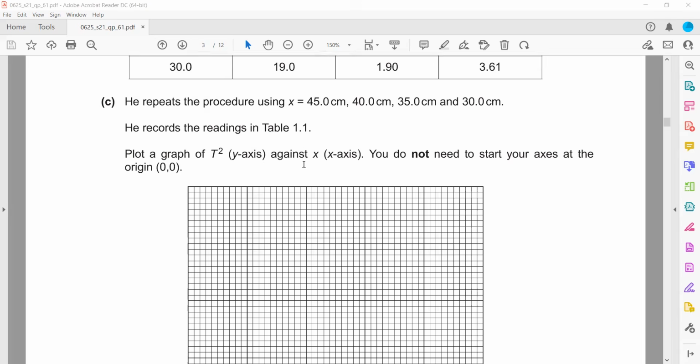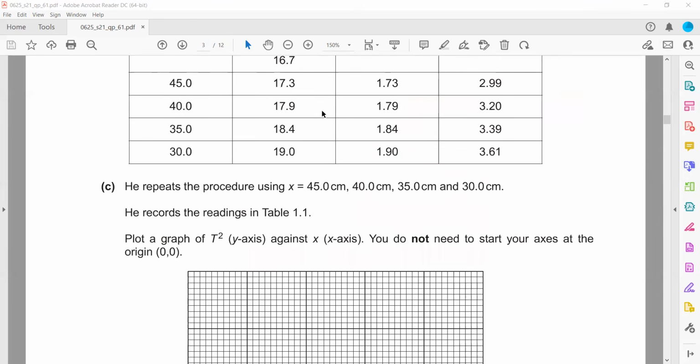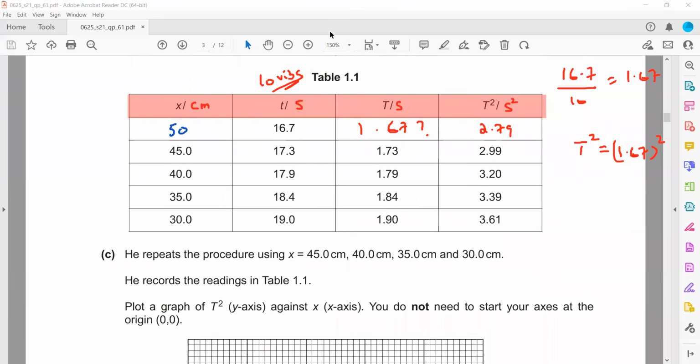The next part: we have to plot a graph for T square on the y-axis and X on the x-axis. So first, I will write the values so that I can use them to plot the graph. We have X and T square. When X is equal to 50, T square is 2.79.